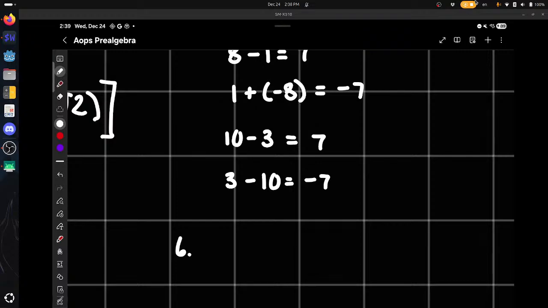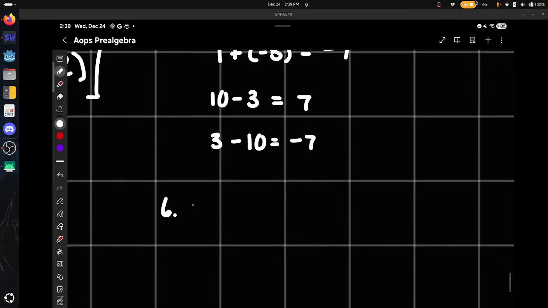Next problem is a long list of numbers that I don't feel like writing down. So I'm going to see if I could just do it in my head. 100 minus 2 plus... no way, I cannot do that in my head.